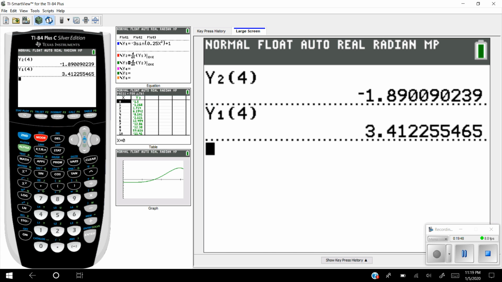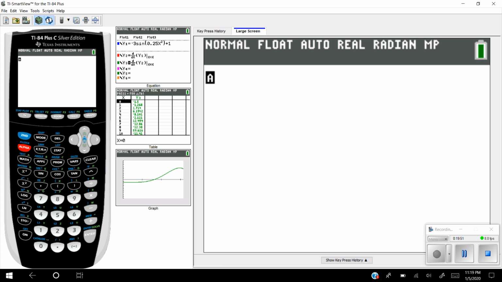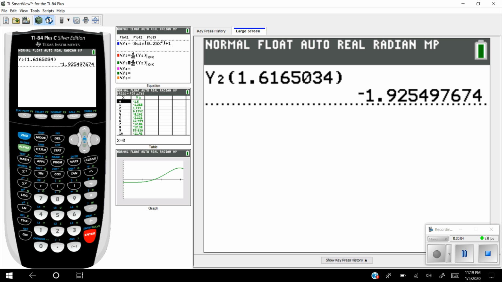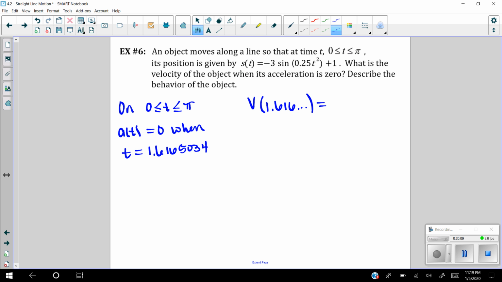So if I just go to my regular screen, I want y2 at 1.6165034. And we get negative 1.925. Negative 1.9, what did I say, 25? Yeah. So it says describe the behavior of the object.